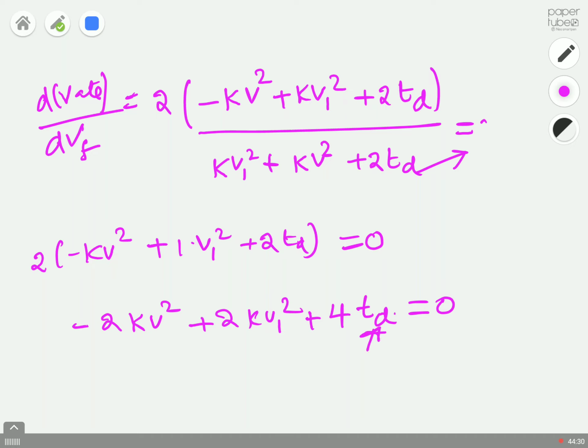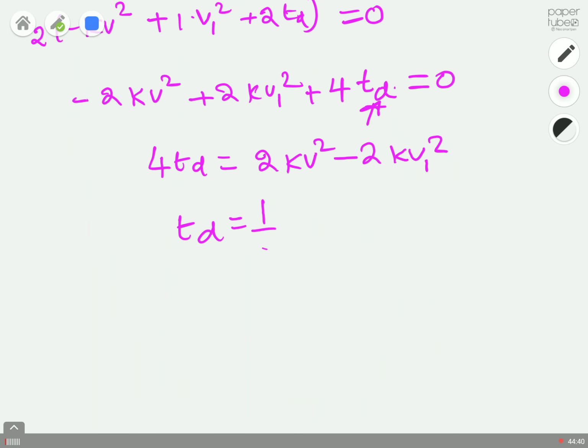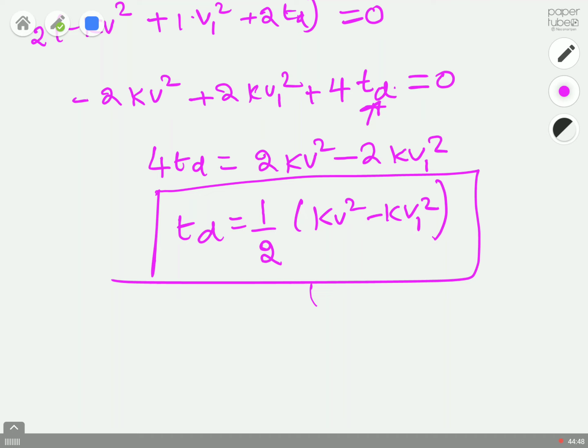So 4 TD is equal to 2 kV square minus 2 kV1 square. So TD will be equal to 1/2 of kV square minus kV1 square. Let's put a box and call this equation 7.